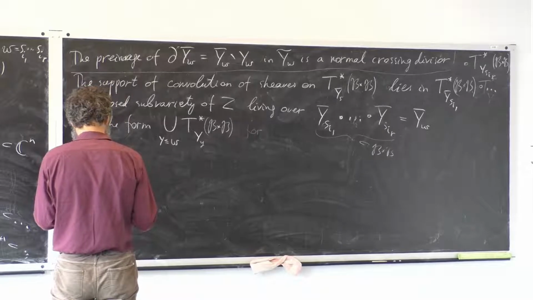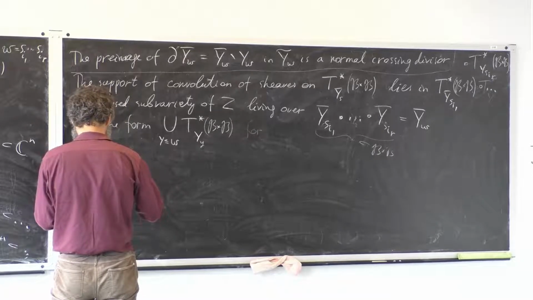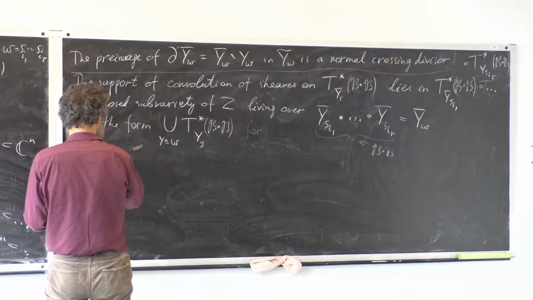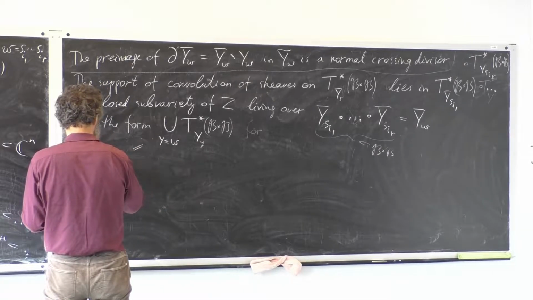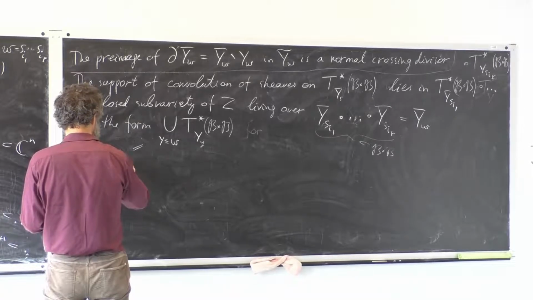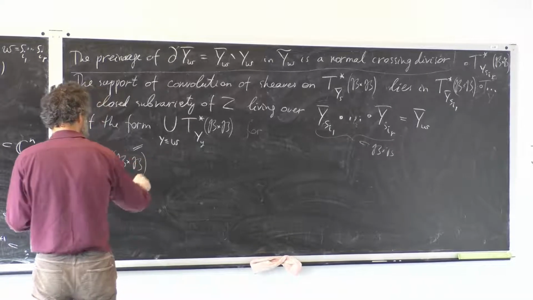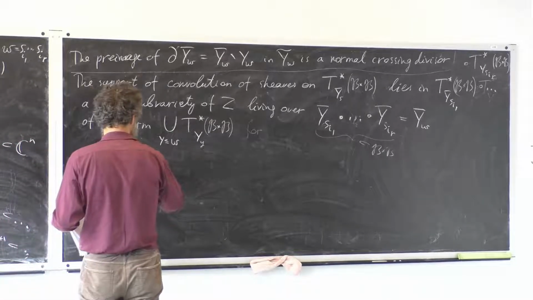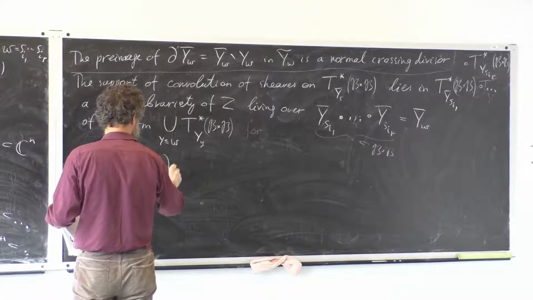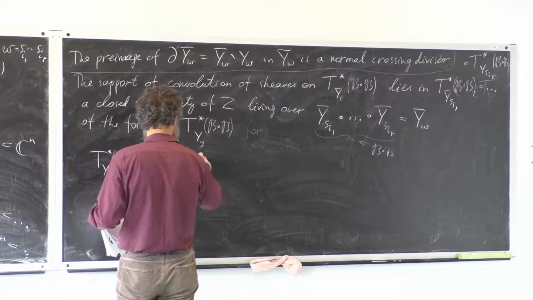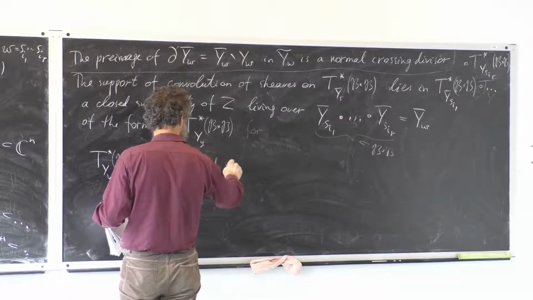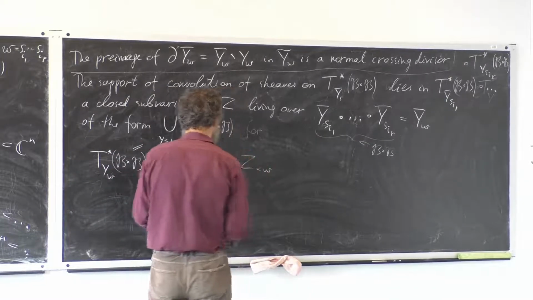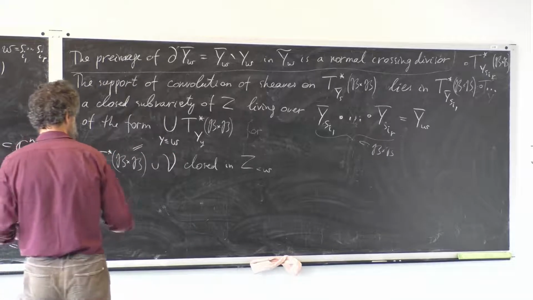And in particular, it is the union of the desired part, the biggest cell, conormal bundle to this, and something else which is closed in less than w.